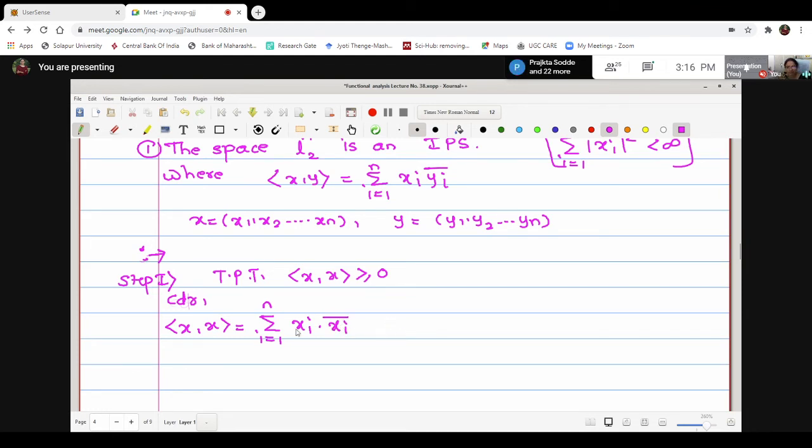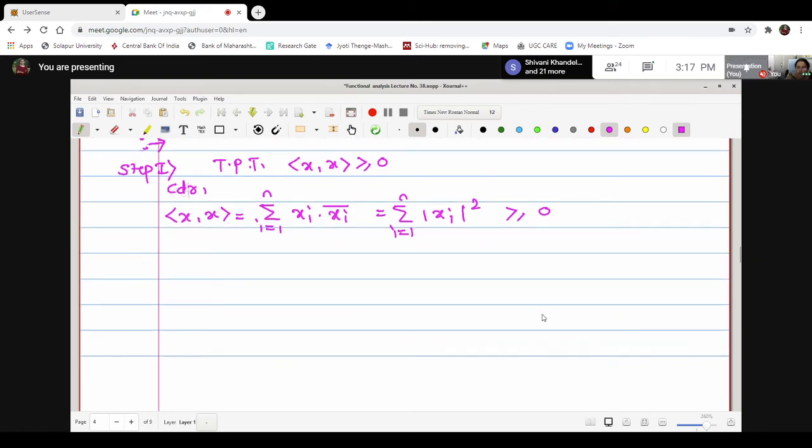But xi into xi bar is always mod xi square. Mod xi is always non-negative, square is non-negative, and a sum of non-negative terms is non-negative. Therefore, this is greater than or equal to 0. That is, together in all, one can say the inner product of x with itself is non-negative. First property we have verified.